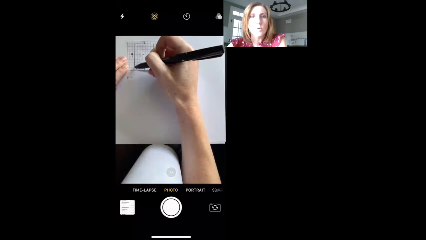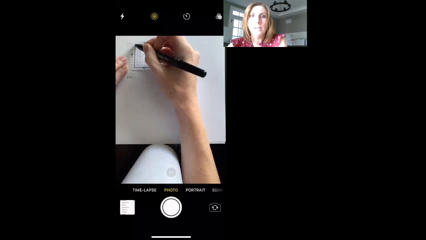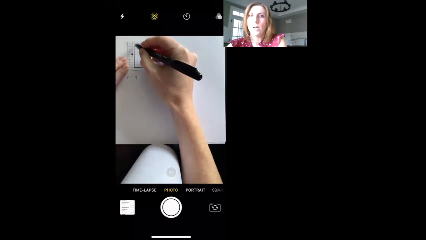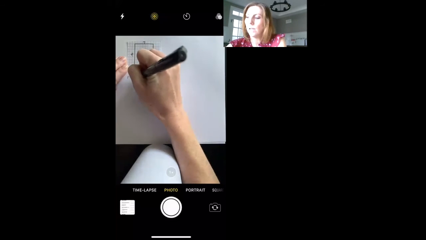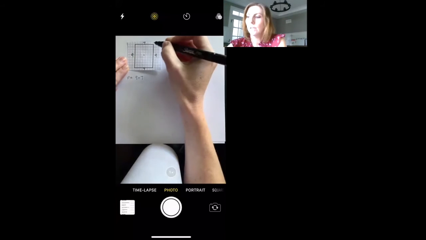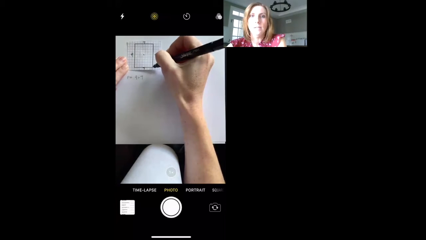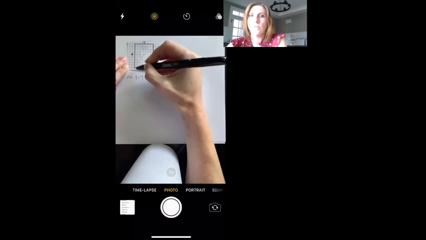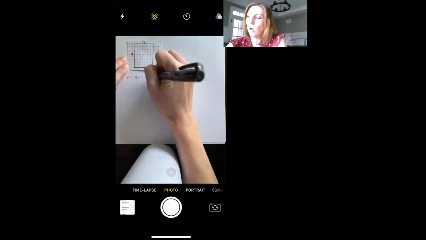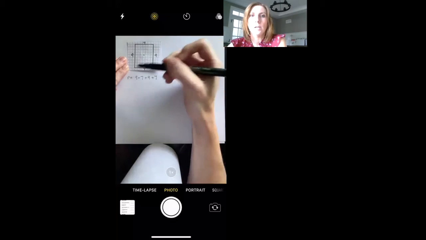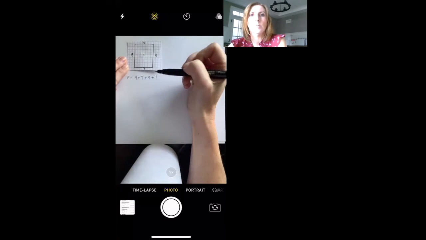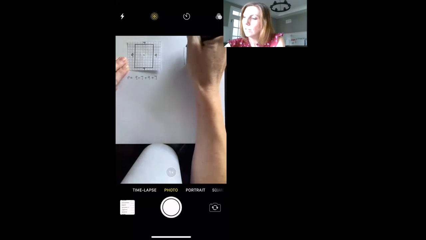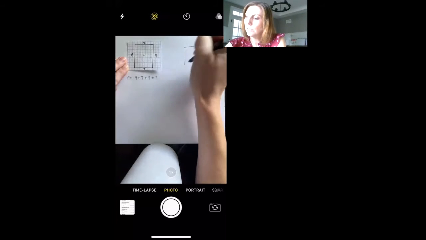Well, if I start at this corner and I go up, I've walked 9, and then I've walked 7, so plus 7, and I've walked 9, and I've walked 7. So to walk all the way around this rectangle, I would walk 9 plus 7 plus 9 plus 7.